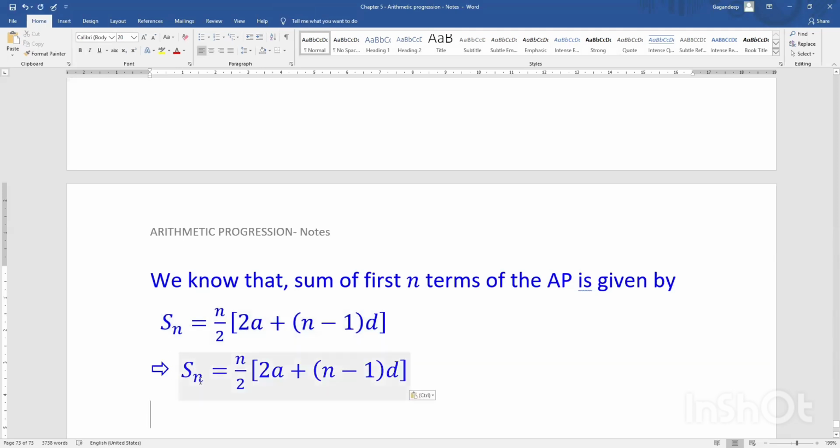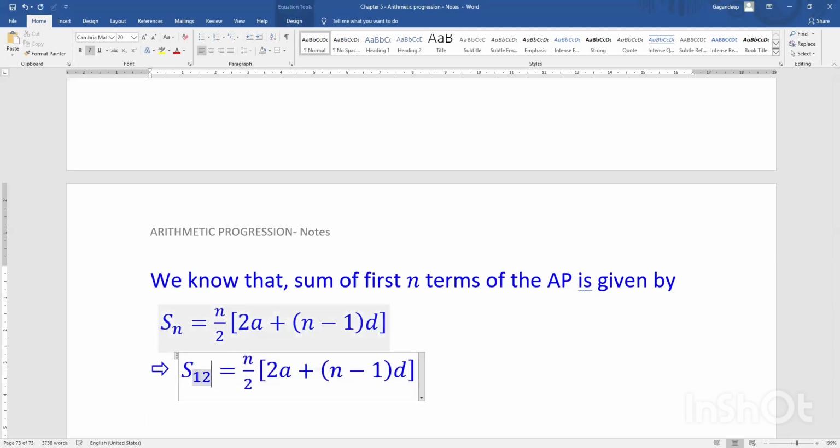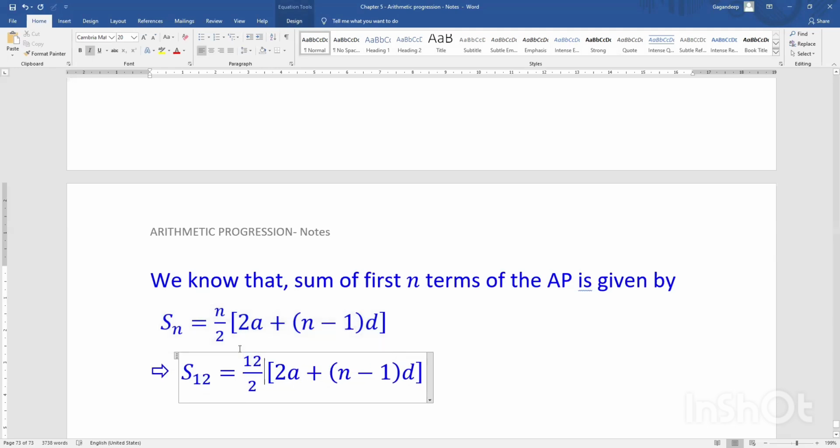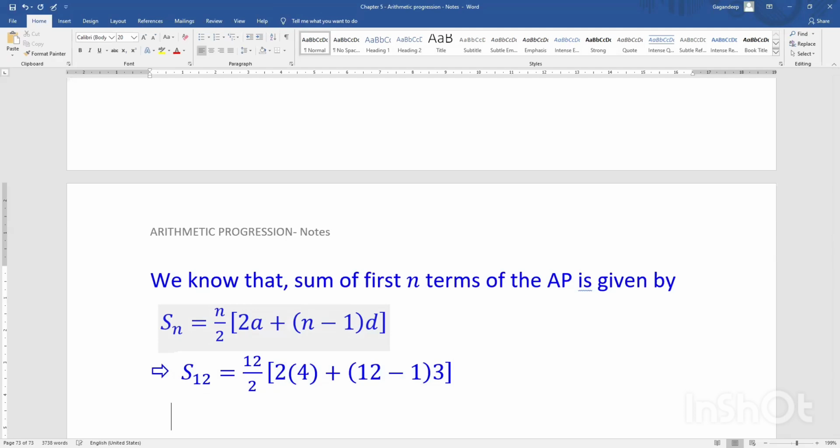I copy the same formula here, put n as 12 here, again n is 12. And then what is the value of A? A is 4. So let me write A as 4. And then we have n as 12, 12 minus 1, D value is 3.